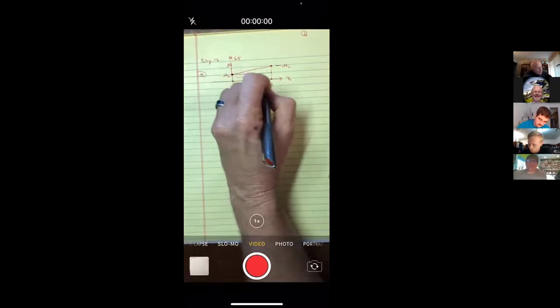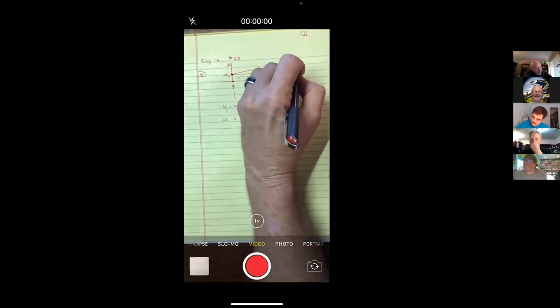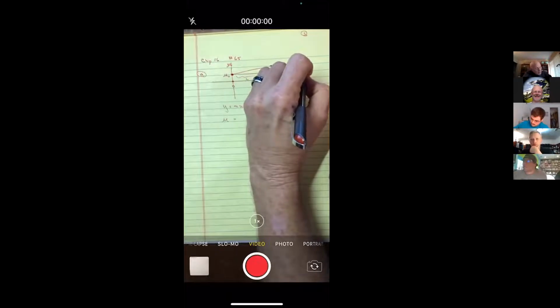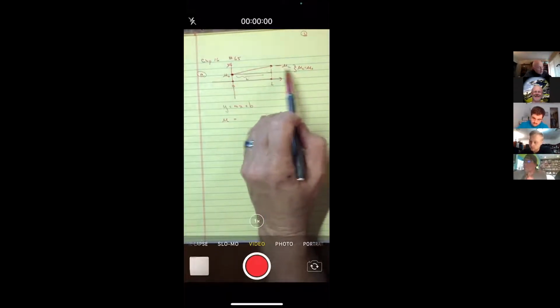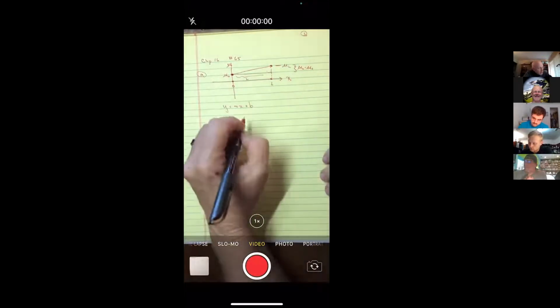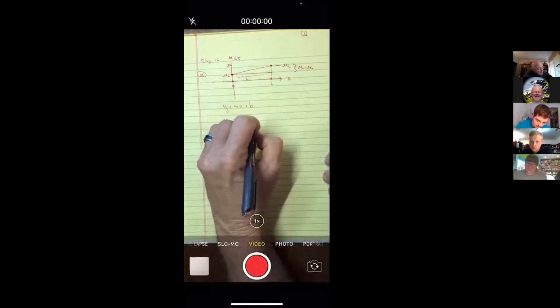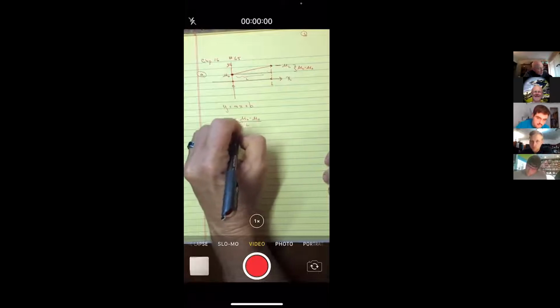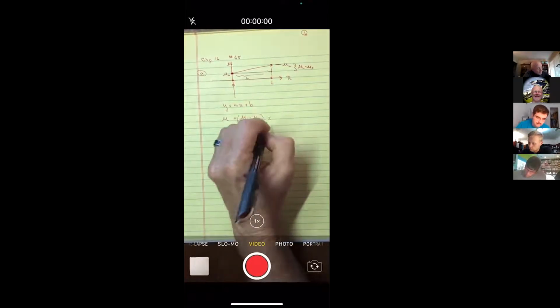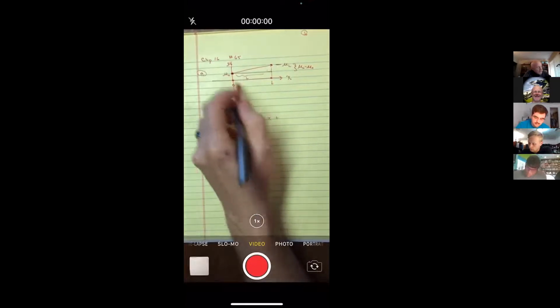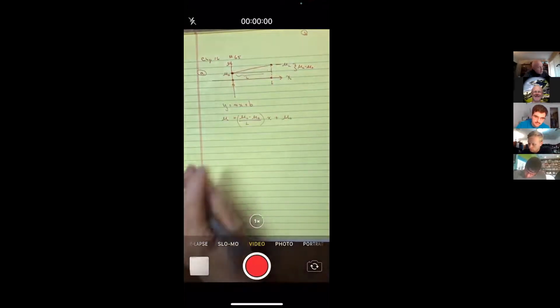The run is L, and the rise is the difference between mu sub L and mu sub naught. So mu L minus mu naught over L is the slope, times x. And then b is the intercept, which is just mu naught.